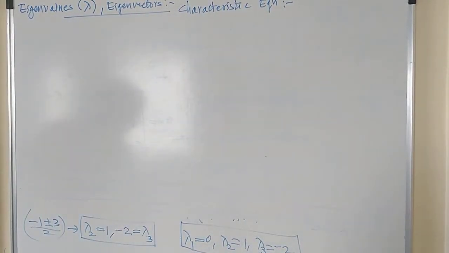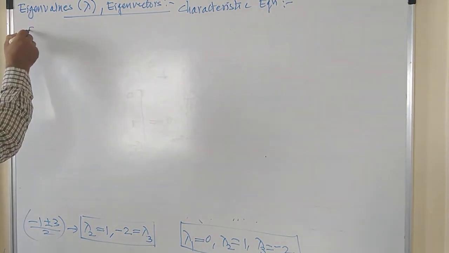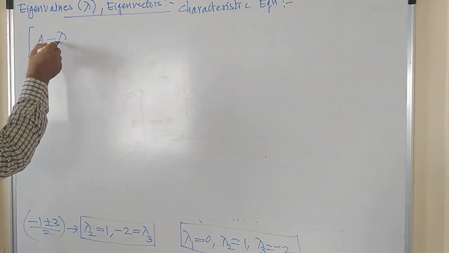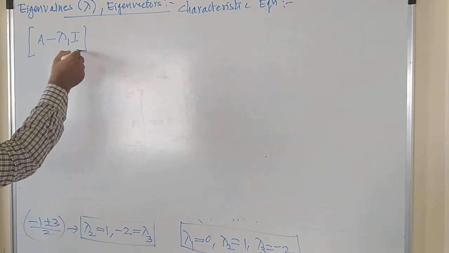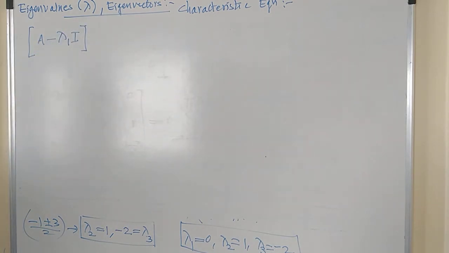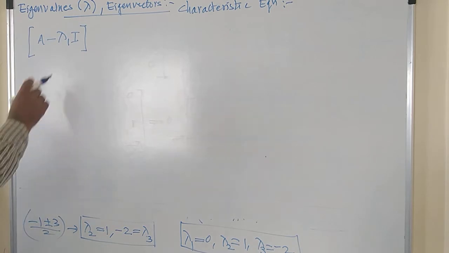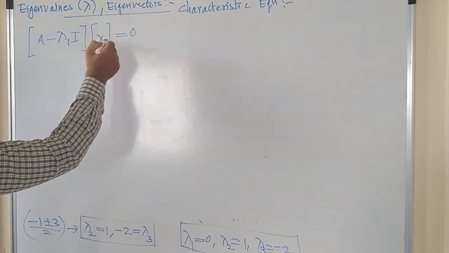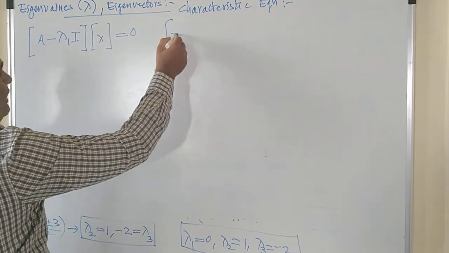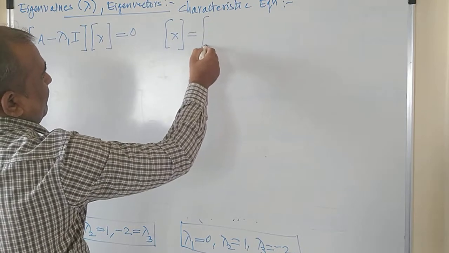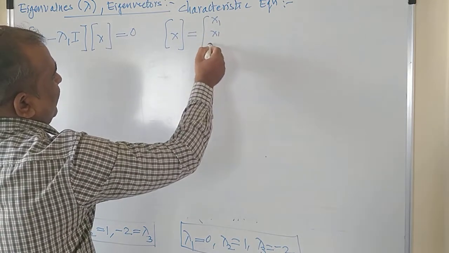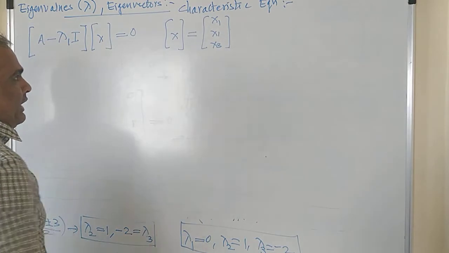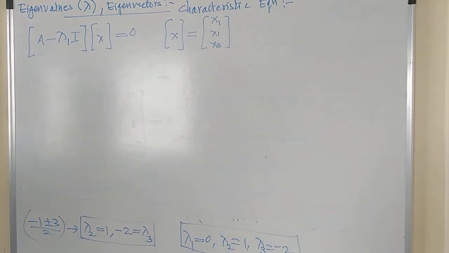So let's again consider the same characteristic equation, A minus lambda I. Instead of writing lambda, I will put the first eigenvalue, lambda 1 I. Being the first eigenvalue, lambda 1 equals 0, I will get this part as 0 and then multiply this by the eigenvector matrix. This eigenvector matrix X is the matrix of three vectors x1, x2, x3, right? Solve it, you will get the eigenvectors.